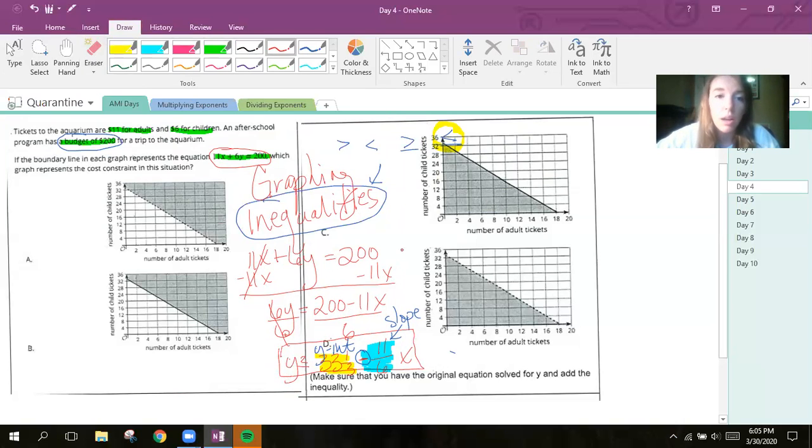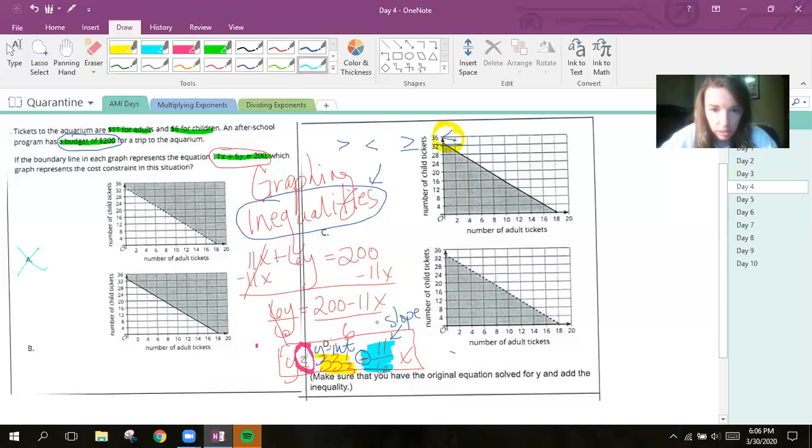Okay, so when we're dealing with that less than or equal to sign, remember that the equal to sign means that our line will be solid. Let me choose a color, let's do this pretty blue. That equal to sign underneath my inequality shows that my line is going to be solid. So the ones I can automatically mark off are A and D.